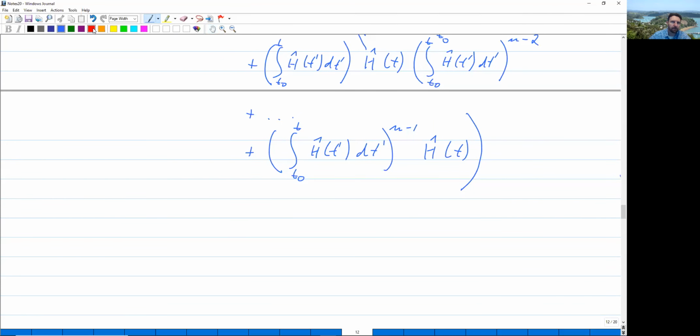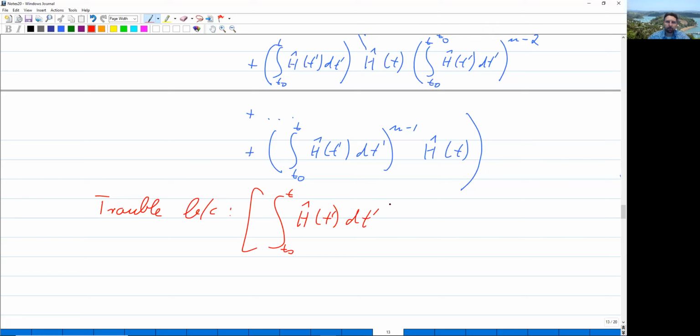Just write it up: trouble, because we have that the commutator between the integral from t naught to t, h hat of t prime dt prime, with h hat of t, is not equal to 0 in general. So what to do about this?